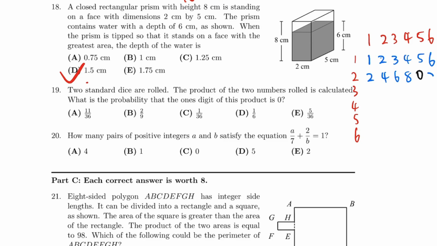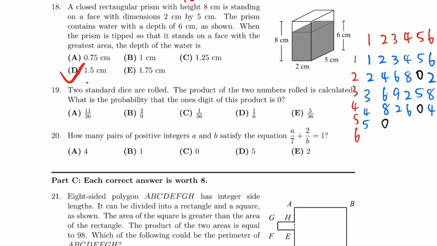Next, 3, 6, 9, 2, 5, 8. 4, 8, 2, 6. Okay, our next 0 is coming. So 4, 6, 4. 5, 5 times 2, 10, right?